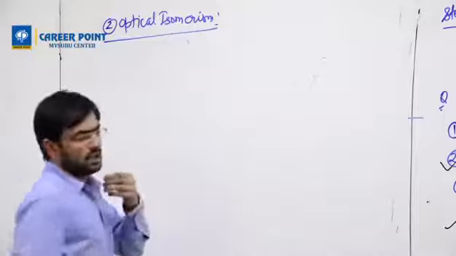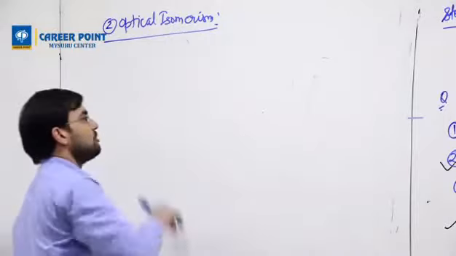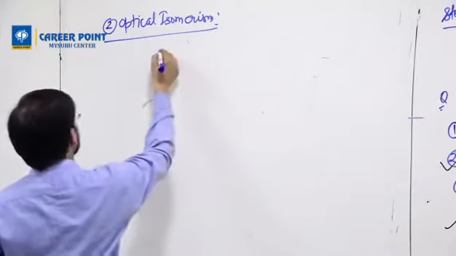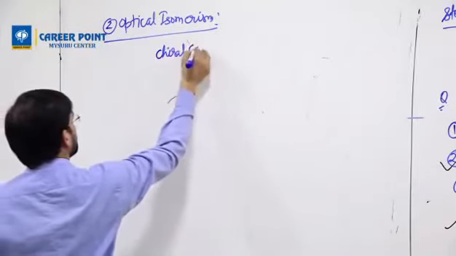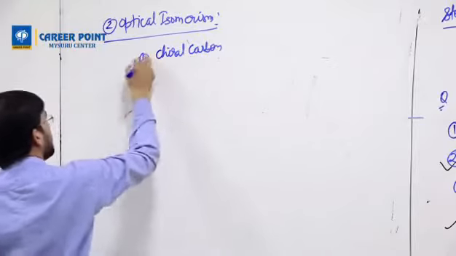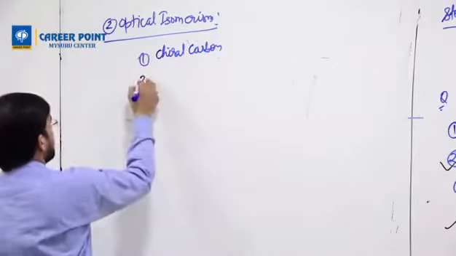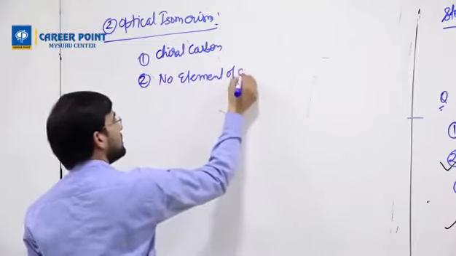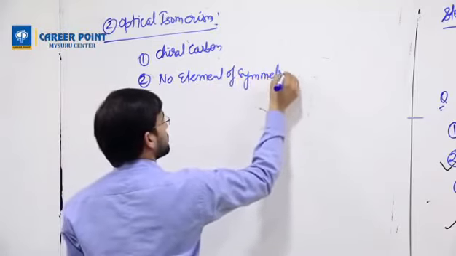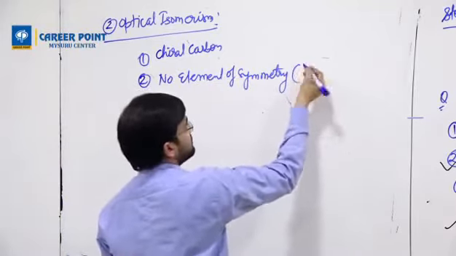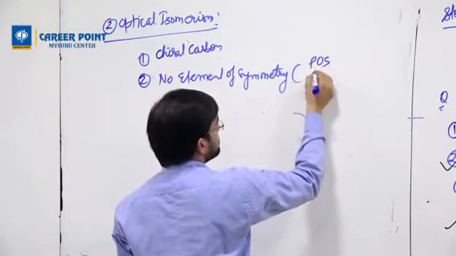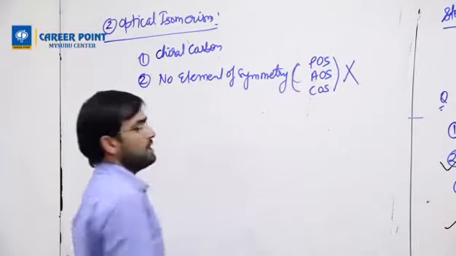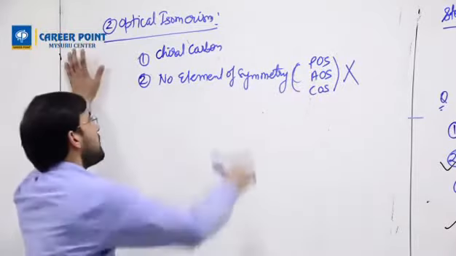In case of optical isomerism, this isomerism is only shown by those compounds which have a chiral carbon, and second, no element of symmetry. Elements of symmetry are three: POS, AOS, COS. All three are absent.